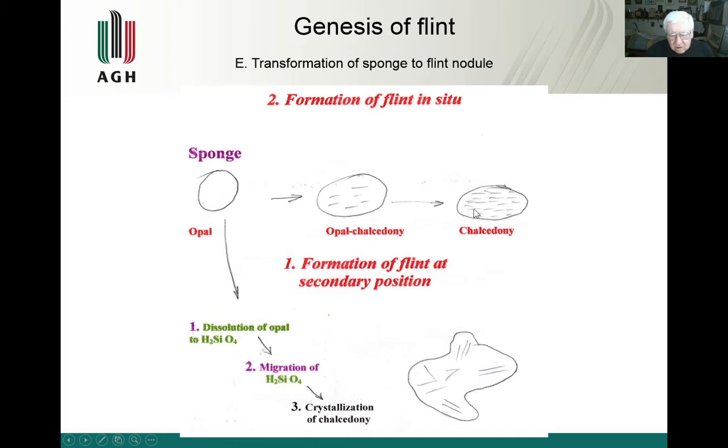the small crystals of quartz, chalcedony, and this parallel structure is the best direction of knapping. This means it is very difficult to destroy the flint when we strike from this direction, as compared with striking from this direction.